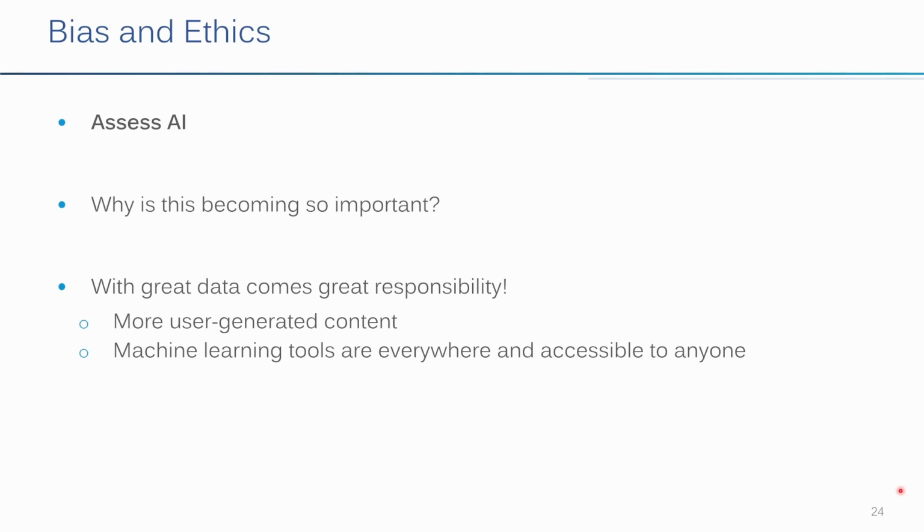And if you use that to build your model, well, you're also propagating all those characteristics, bias, and so on. The more user-generated content you have, the more tricky it gets to make sure that you have a good sample being represented there, right? On top of that, machine learning tools are everywhere and accessible to anyone. I mean, language assistant tools such as ChatGPT are there to prove that. And these things we should keep in mind.